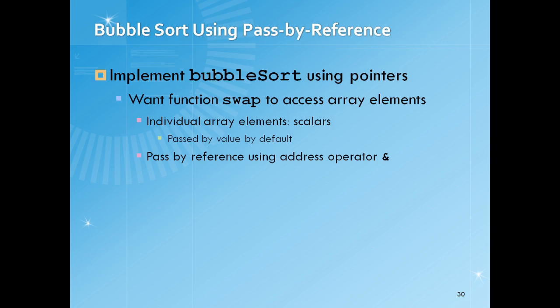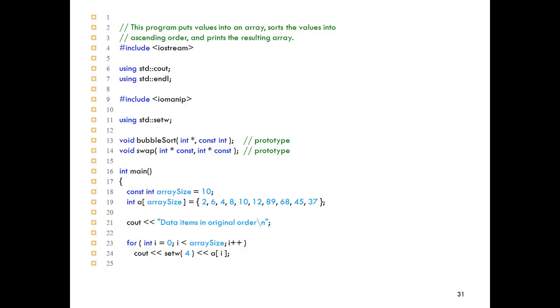If you remember, when you learned arrays, we already implemented a bubble sort without the pointer technique. At that time we didn't use anything about pointers, but we could still implement it. Now that we have pointers, we can re-implement it in a different way. Let's look at the implementation.